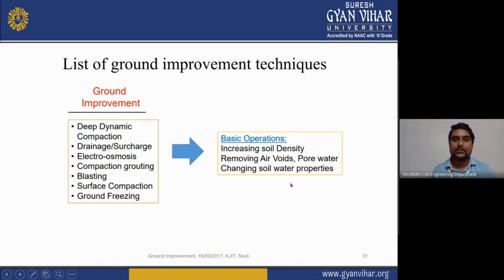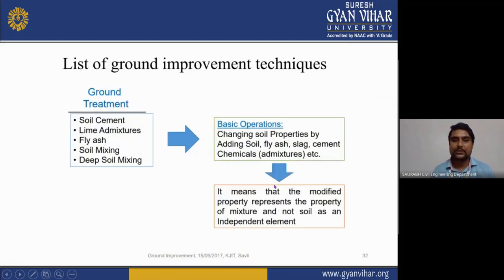Now we will see the list of ground improvement techniques. Ground improvement can be done by dynamic compaction, drainage surcharge, electro-osmosis, compaction grouting, blasting, surface compaction, and ground freezing. As you can see, it can increase soil density by removal of air voids or water, and by changing soil water properties.